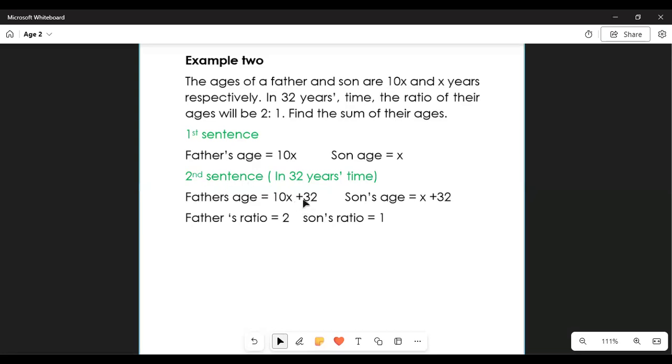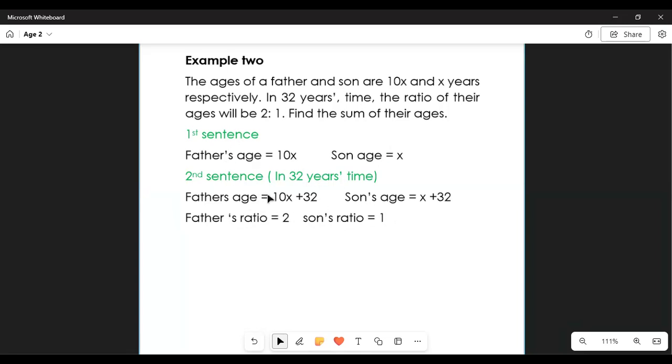So in our second sentence, the father's age would become 10x plus 32, and the son's age will also become x plus 32. In our second sentence, the father's ratio is 2, and the son's ratio is 1.